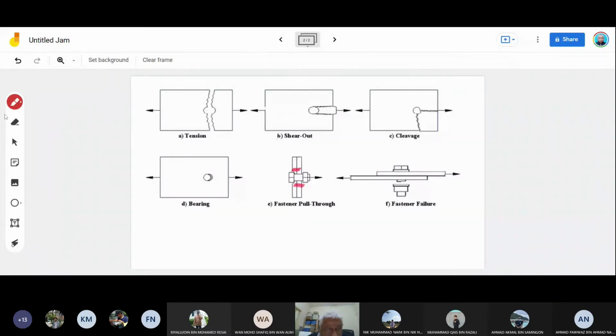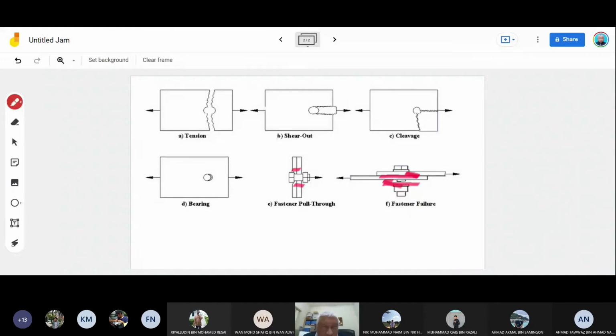So this is fastener pull through. Also, you may have the situation where the rivet itself has been cut off, like you scissor them off, cut into two. So those are shear. So here is net tension, shear out, cleavage, bearing, fastener pull through, and fastener failure.